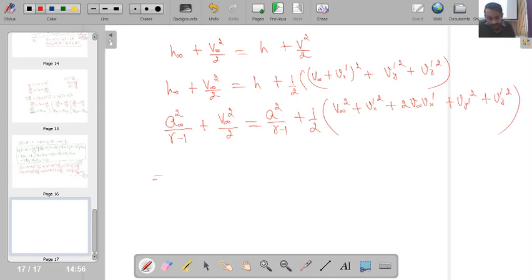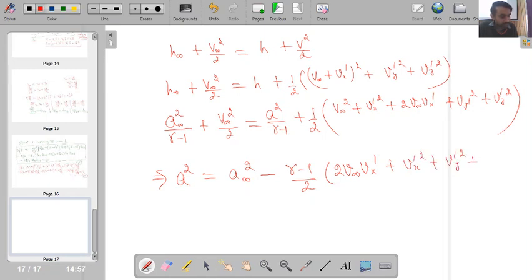Ultimately a square is equal to a infinity square minus gamma minus 1 by 2, and inside I will get 2 times V infinity Vx dash plus Vx dash square plus Vy dash square plus Vz dash square. Is this point clear? Say this is equation number 14.